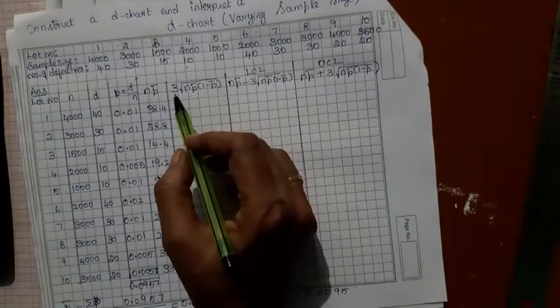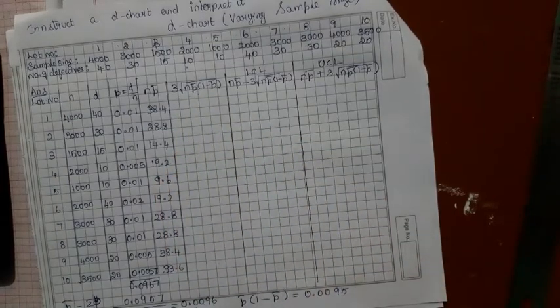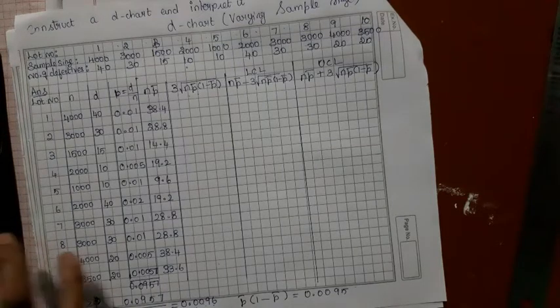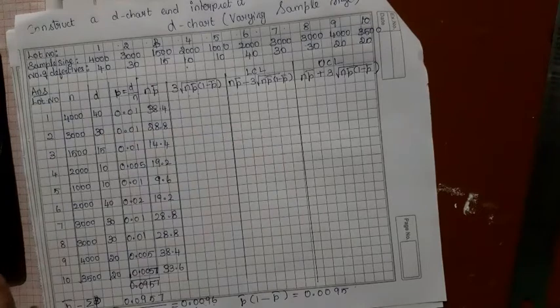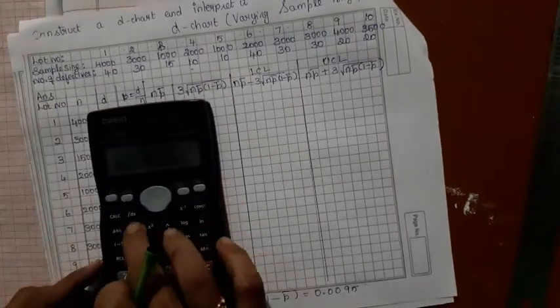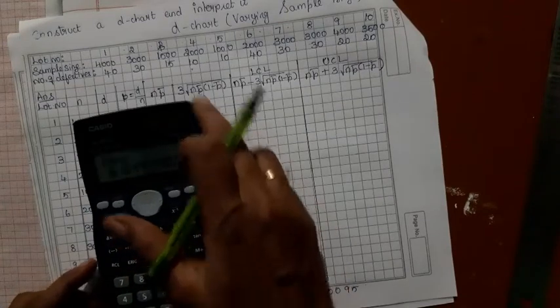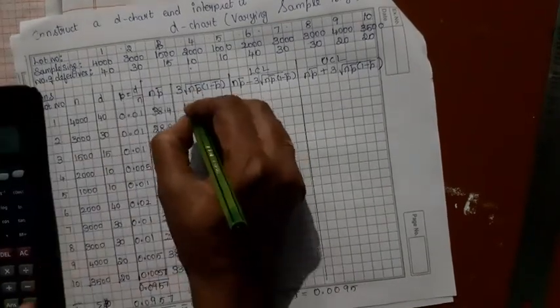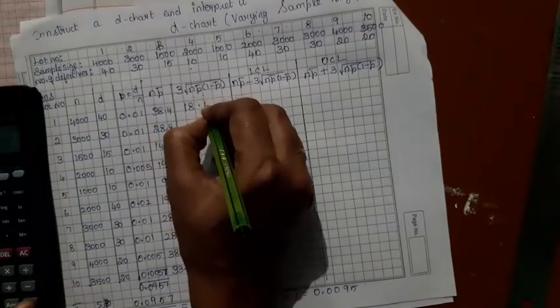Now let us compute n P bar into 1 minus P bar, take square root and multiply by 3. For which P bar into 1 minus P bar has been computed already. 0.0095 into n is 4000. Multiply, then take square root and then multiply by 3. Let us write the answer. It is 18.49.